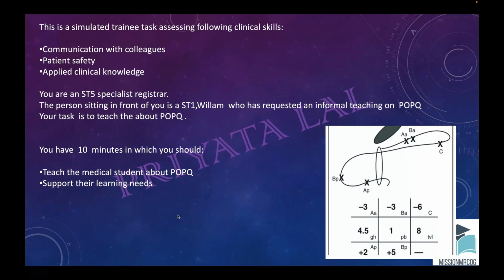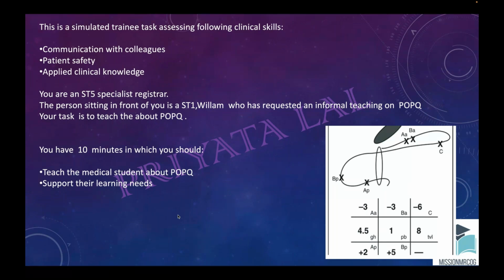So it shows a descent. Similarly, the next one is +5. We call it Bp. That is the portion above the level of Ap on the posterior wall. It comes to +5, so it is 5 centimeters below the hymen. So this is also abnormal.